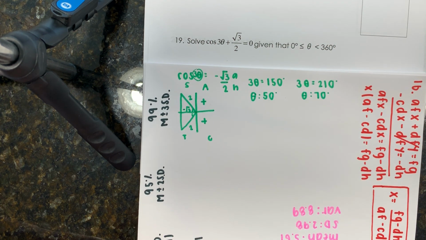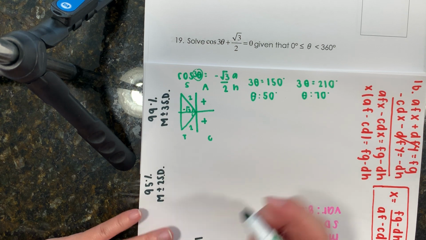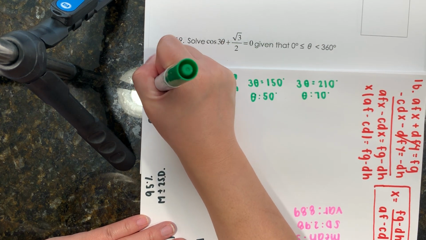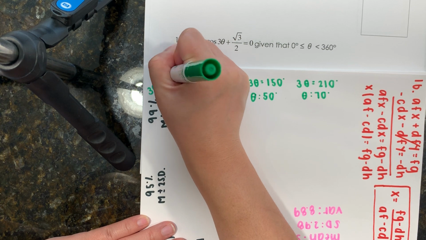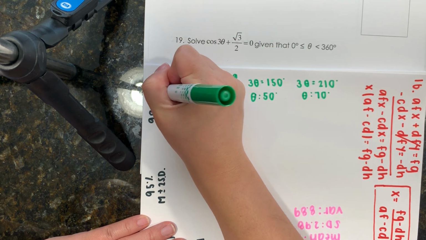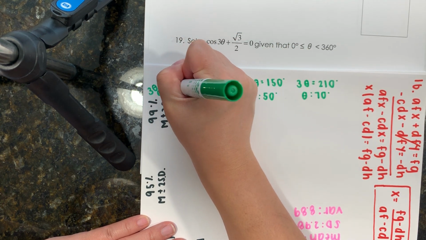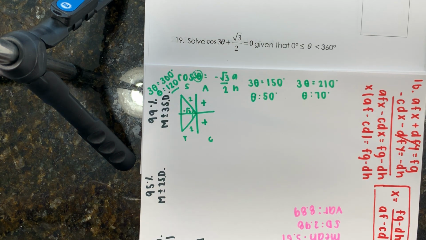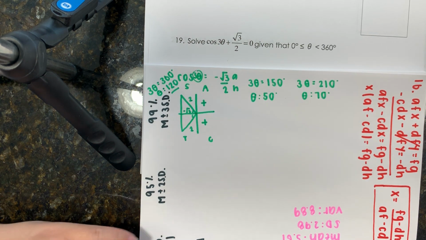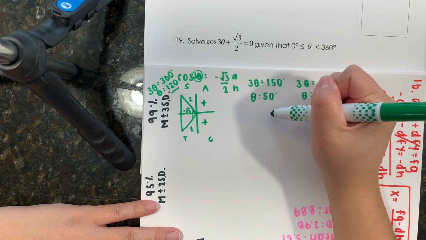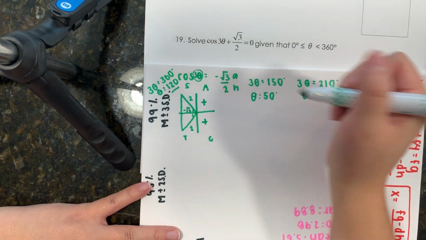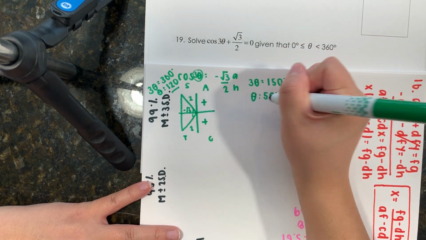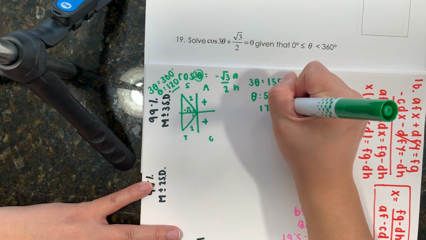Now I have to find my other answers by setting 3 theta equal to 360. When I divide it by 3, I get 120. Now that's not one of your answers, but that's going to be the difference between your first answer and the next answer and then the following answer. So I'm going to add 120 to 50, which would give me 170.